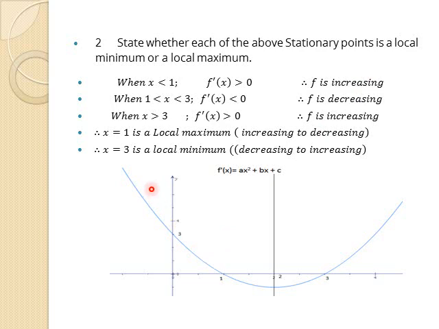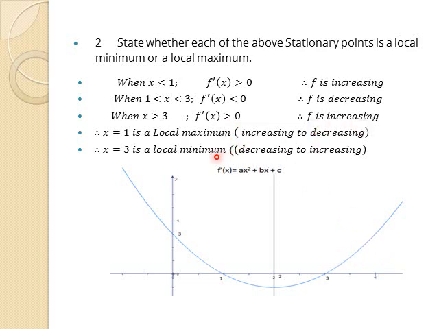If we look between 1 and 3, that is below the x-axis, so my y values are negative. So f prime x is less than 0, so f is decreasing. And when x is greater than 3, f prime x is greater than 0, so f is increasing.